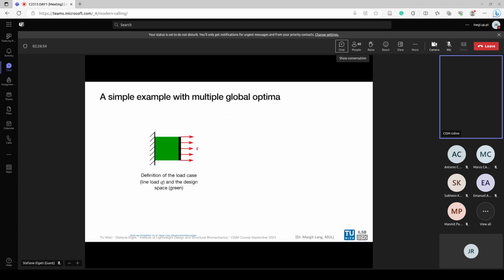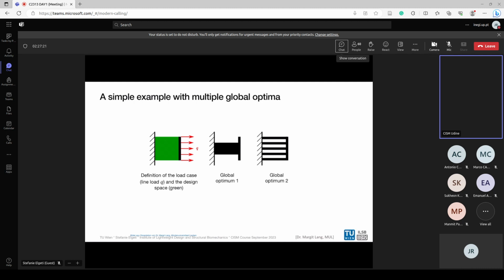We spoke about global optima and local optima, and for sure we will run into several local optima, but in topology optimization, there's even a very simple example with multiple global optima. So this is the definition of the load case. So we have a line load Q. Our design space is screen space here.